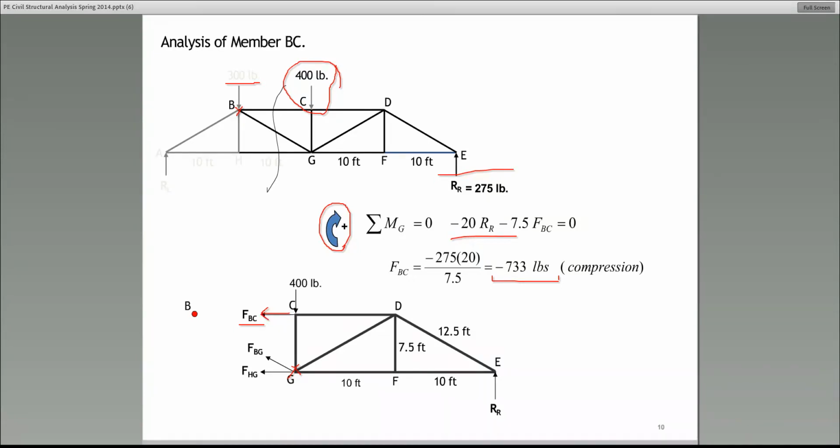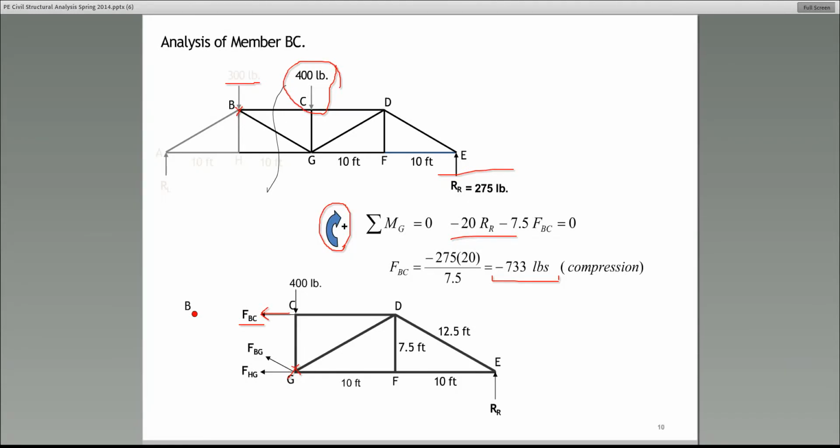Pay attention. If the internal force pulls away from the joint, that member is in tension. Now, if the internal force pushes towards the joint, then the member would be in compression.